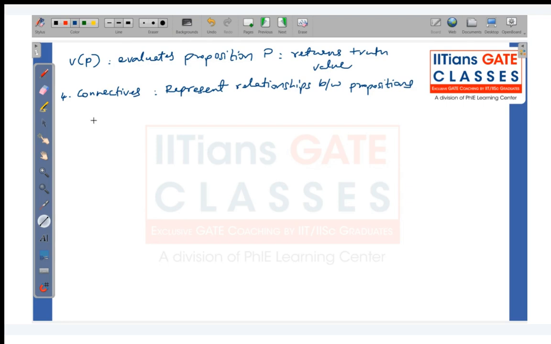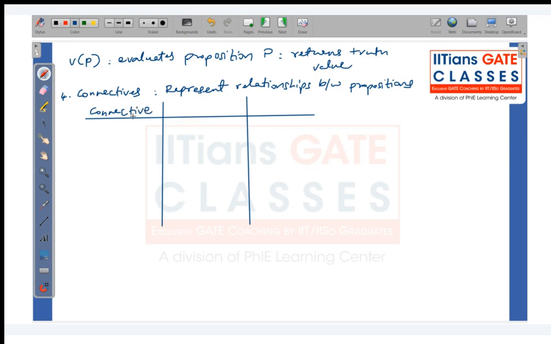You guys, are you aware what all connectives are there? How many connectives are there? Or at least name a few.